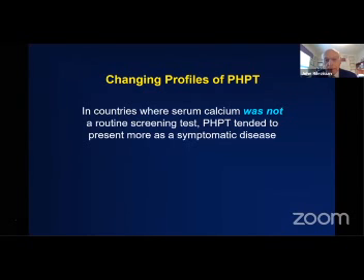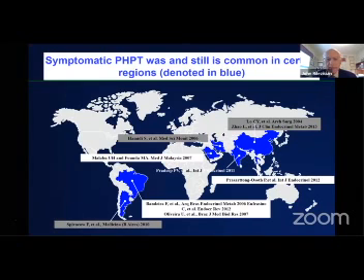And in countries where calcium is not a routine screening test, hyperparathyroidism tended to present still as a more symptomatic disease. And this global map indicates in blue those countries about which I speak, namely where hyperparathyroidism was and still is commonly seen.